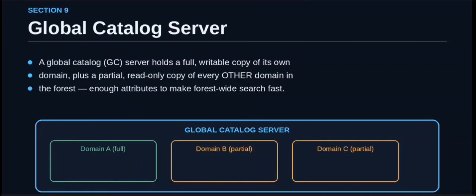Because storing every single attribute from every domain would consume a huge amount of storage and increase replication traffic. So instead, the global catalog stores only the most commonly searched attributes, which allows users and applications to search the entire forest very quickly without needing to know which domain controller actually contains the information.